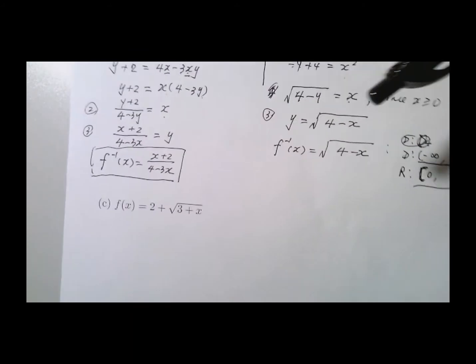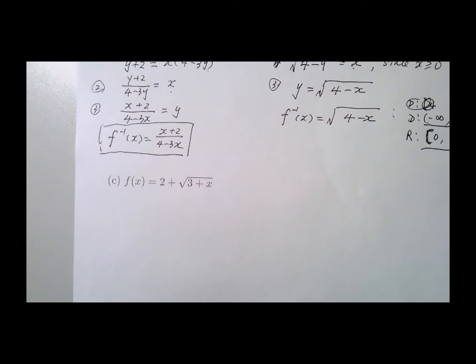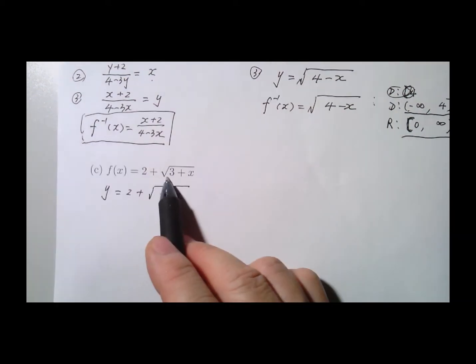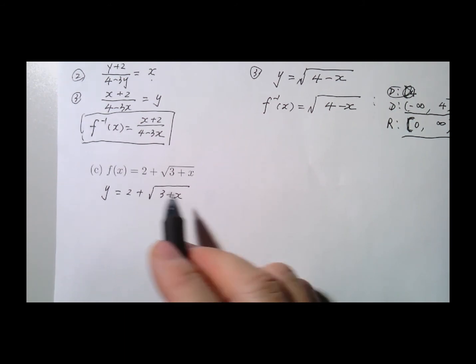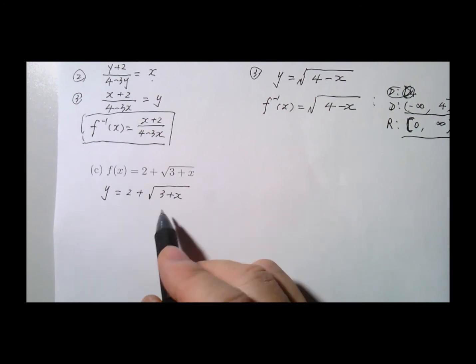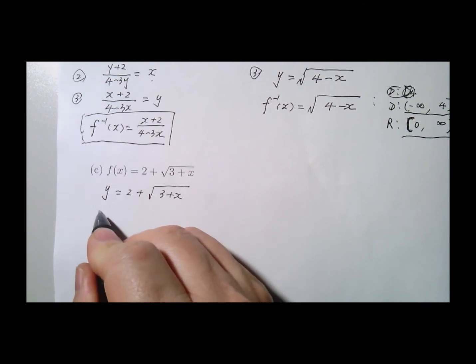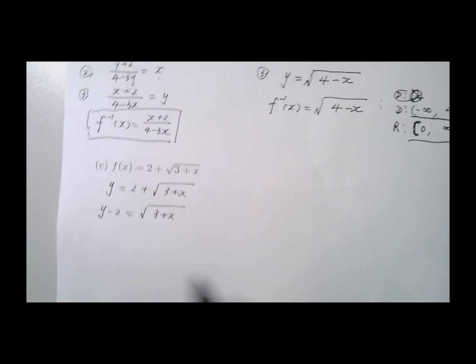Okay. So now let's look at the last problem. f of x equals 2 plus the square root of 3 plus x. Is that a one-to-one function? Yes, this is a one-to-one function. We write y equal to 2 plus the square root of 3 plus x, and go ahead to solve for x. Subtract 2 from both sides, we get y minus 2 equal to the square root of 3 plus x.